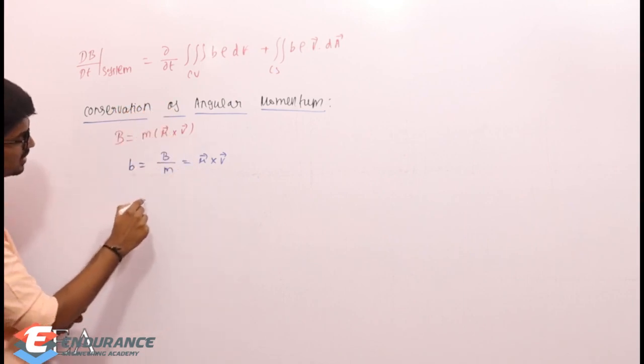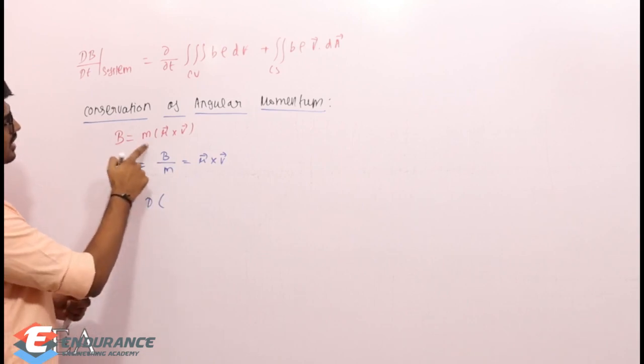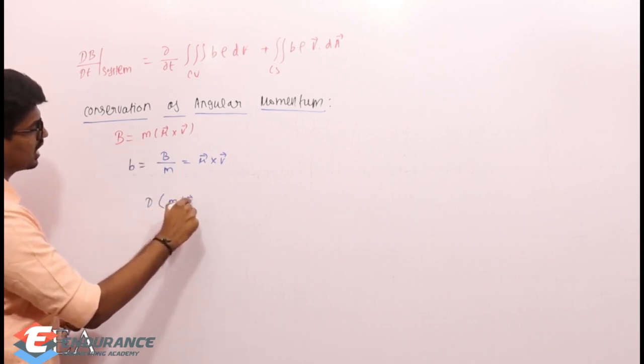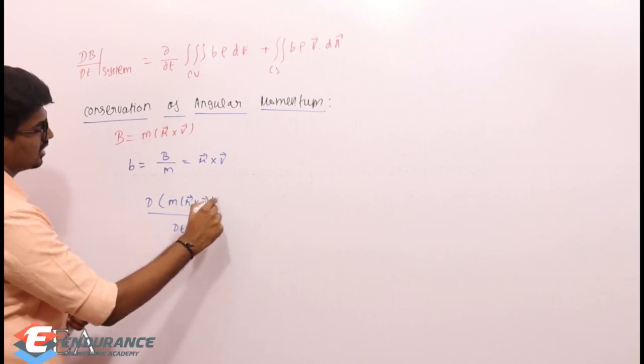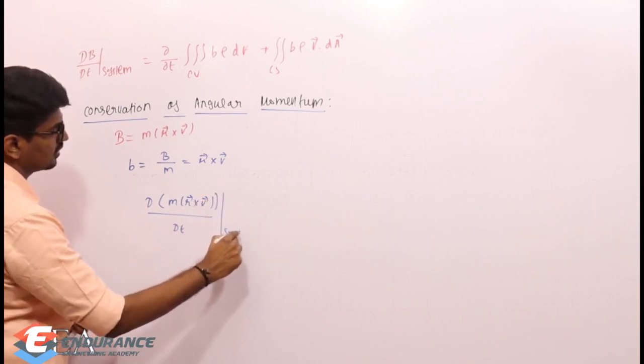So what will be my equation? In place of capital B, it's going to be d(m r vector cross v vector)/dt, and this is for the system.